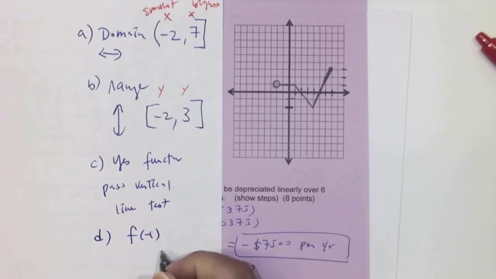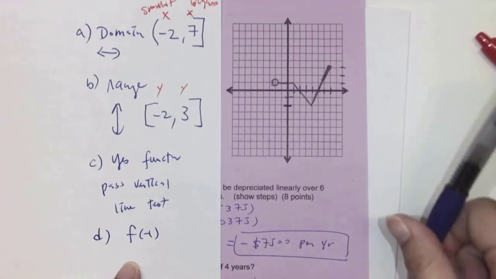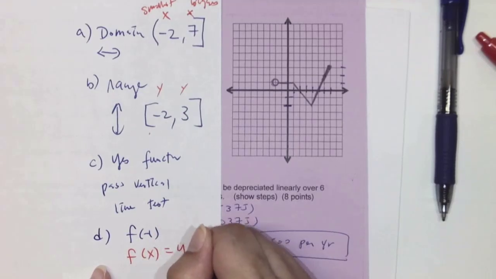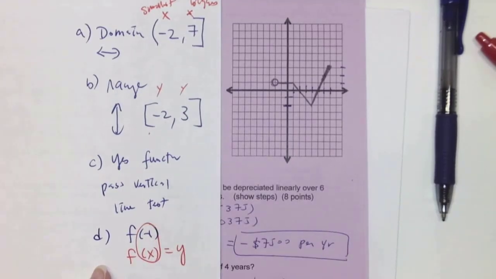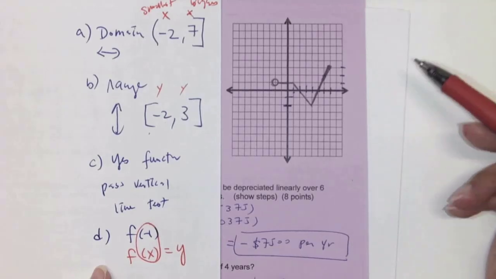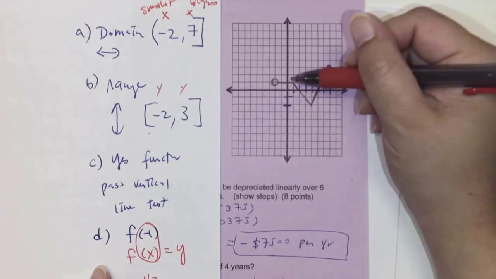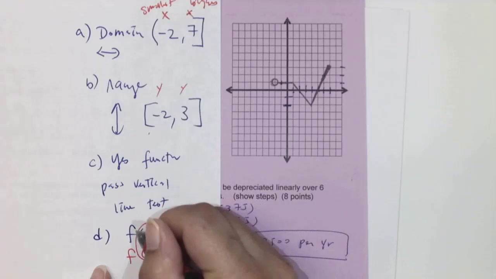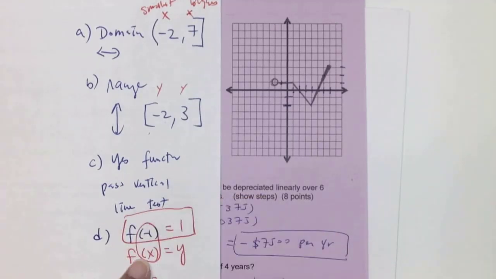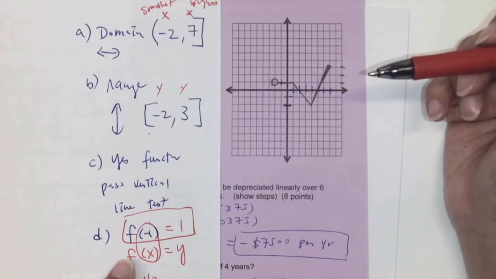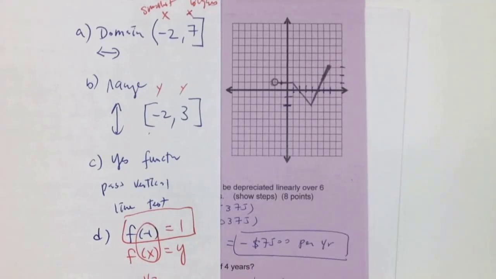What does that mean? They give you the x value, because f of x equals y, right? So x is -1. Looking at this picture, when x is -1, y equals 1. So they give you the x value -1, then y is 1. Are we okay?